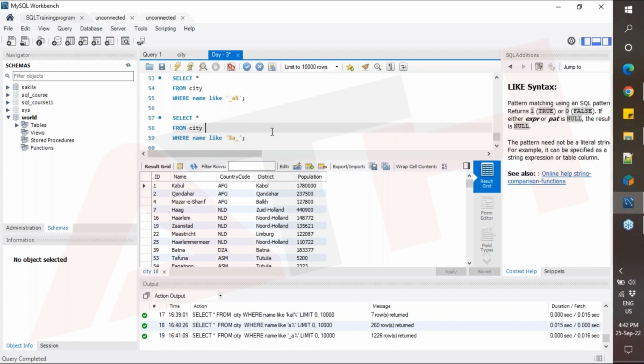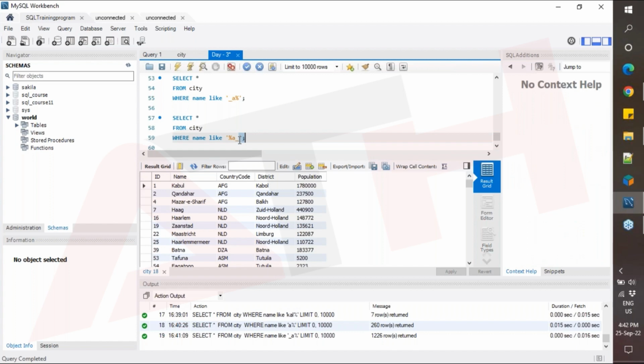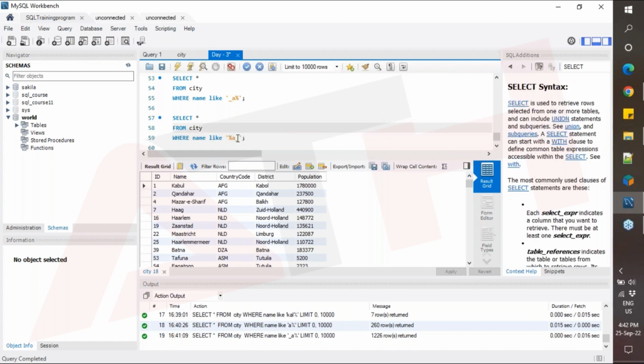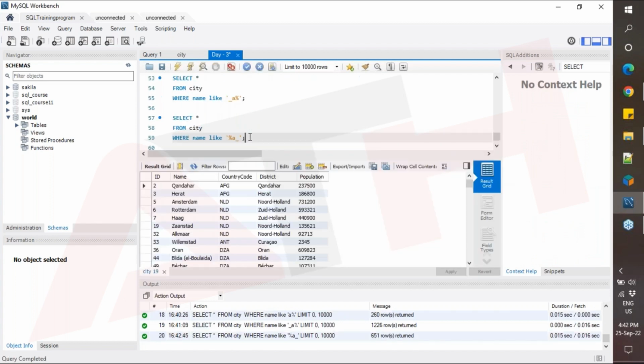So you know guys, if you want to retrieve something that ends with some character, you need to give a percentage sign at the start, which I gave. And for the last letter, I put an underscore here. Now, the moment I execute this query, focus on the second last and last letter.